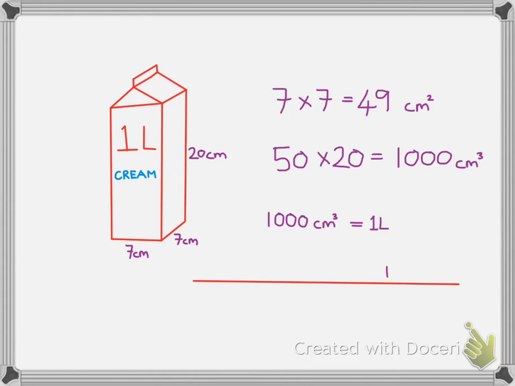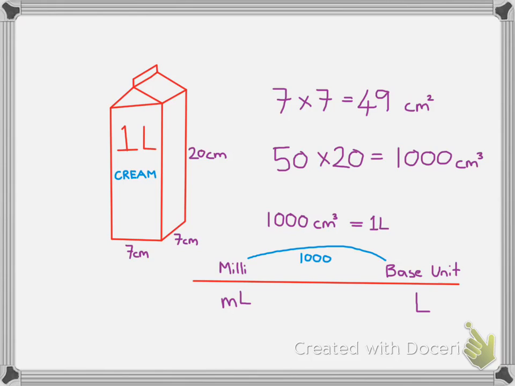Now, remember our base unit. Well, another base unit, we're going to go from base unit to millilitres. And this base unit is going to be litres. It's the same idea as the metres to millimetres, or grams to milligrams. And the jump between the base unit and milli, we know is 1,000.